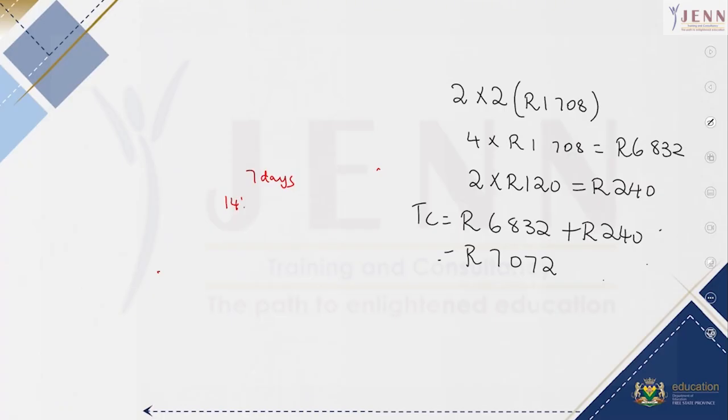I always work with the principle of multiplying by what you want and dividing by what you have. But for now, let me start with this one. 7,072 is 100% of the cost for the whole trip.